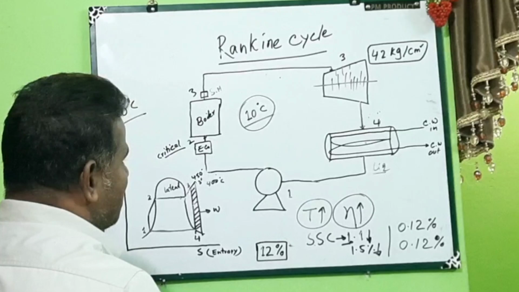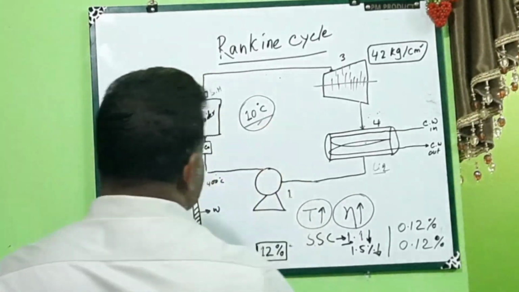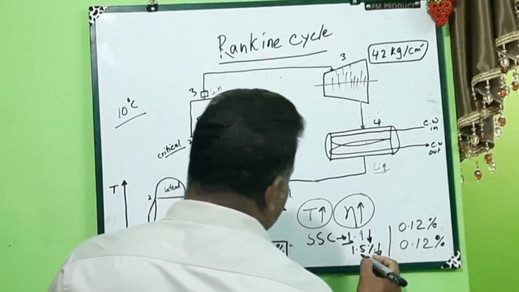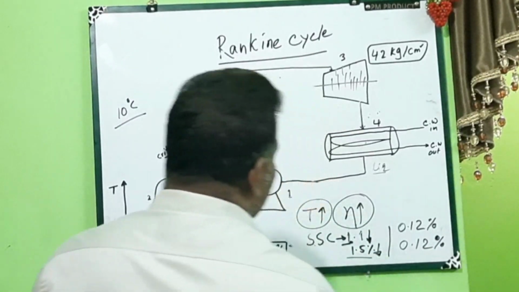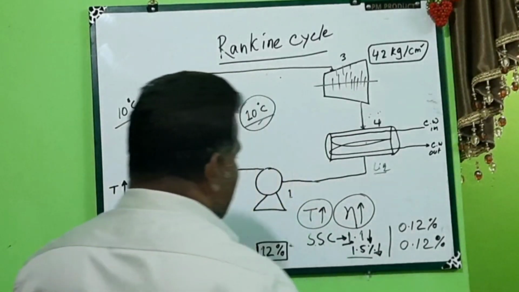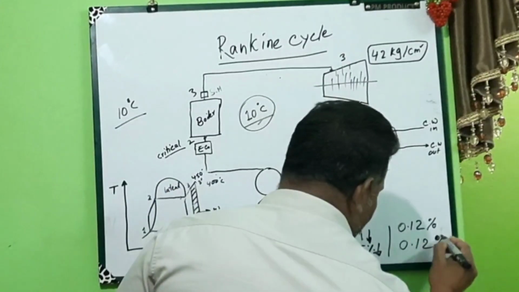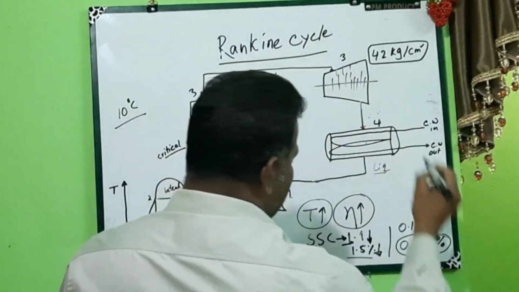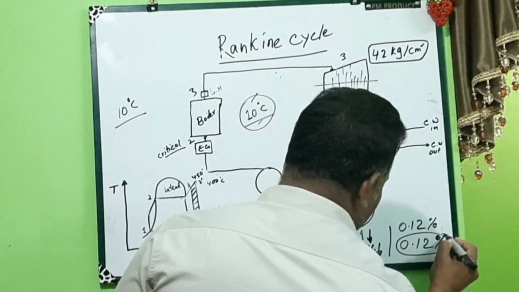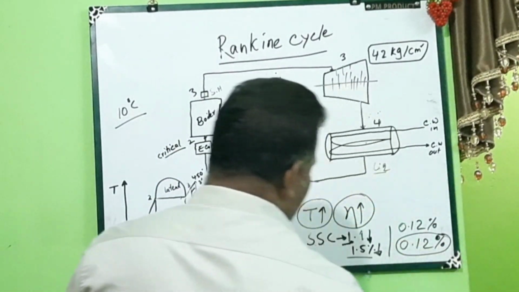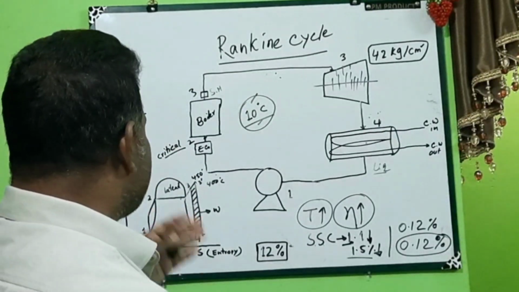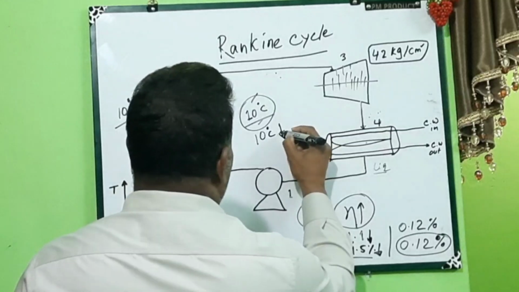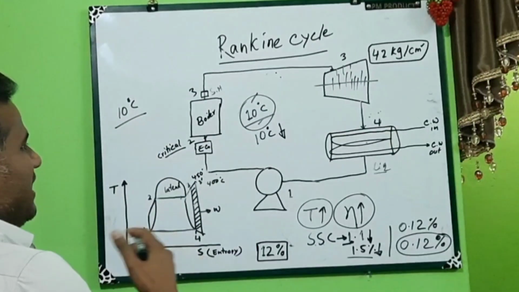And for the back pressure type turbine, if you increase the temperature by 10 degrees centigrade, the specific steam consumption will be reduced 1.5%. And this back pressure type turbine efficiency increases 0.12%. If you increase 10 degrees temperature in the inlet steam, turbine efficiency will increase 0.12%. And if you decrease the inlet steam temperature by 10 degrees, what will happen? This will be reversed.